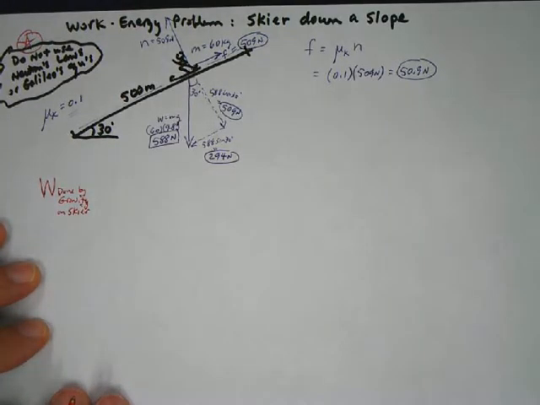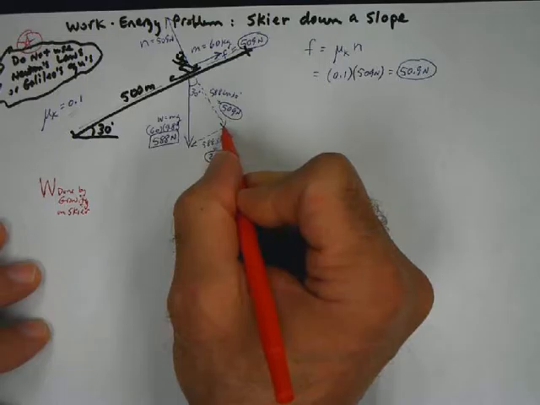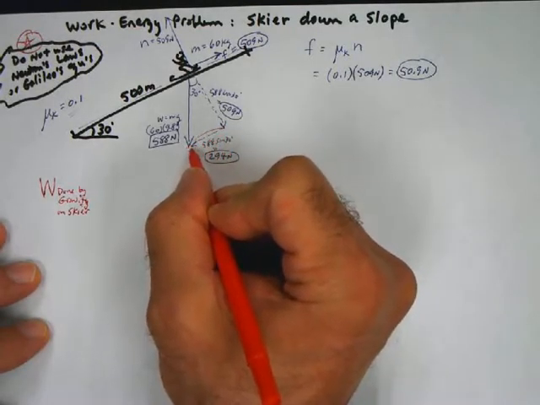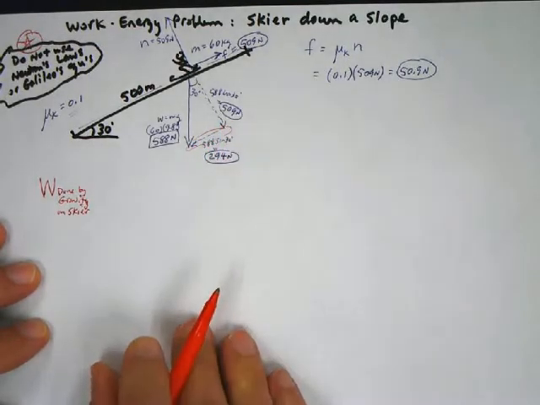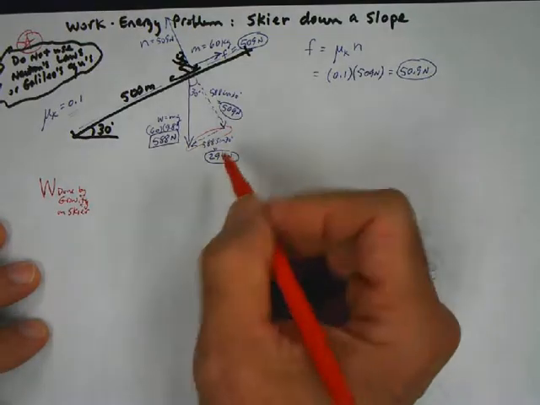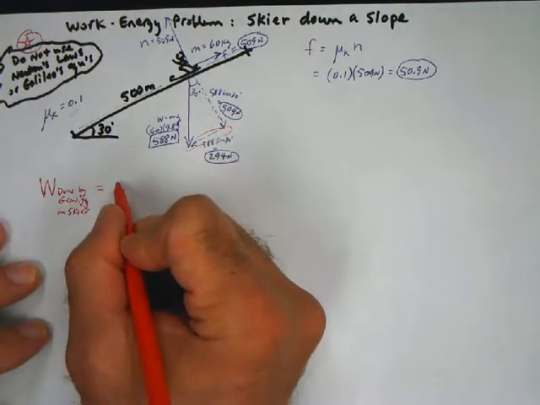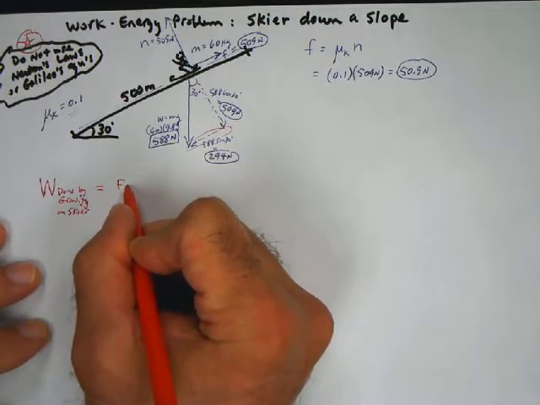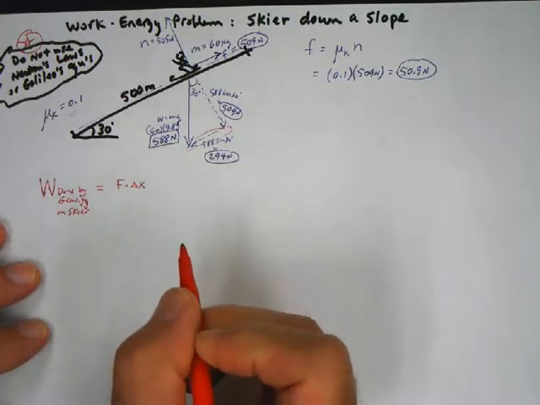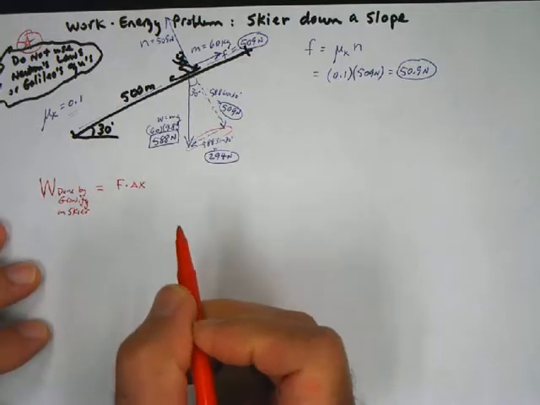Well, the component of gravity that is along the direction of the slope, that's 294 newtons. Remember, work is equal to force times distance, where the force is in the same direction as the displacement.